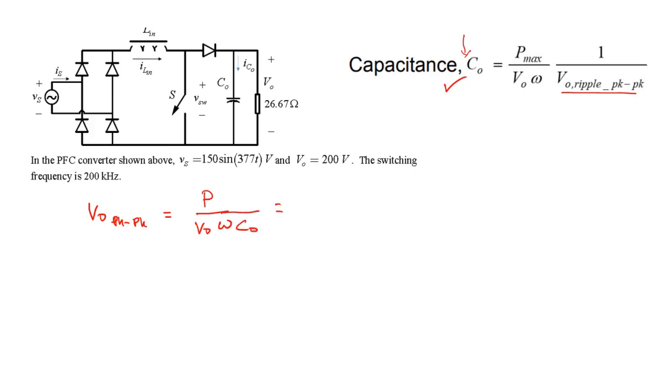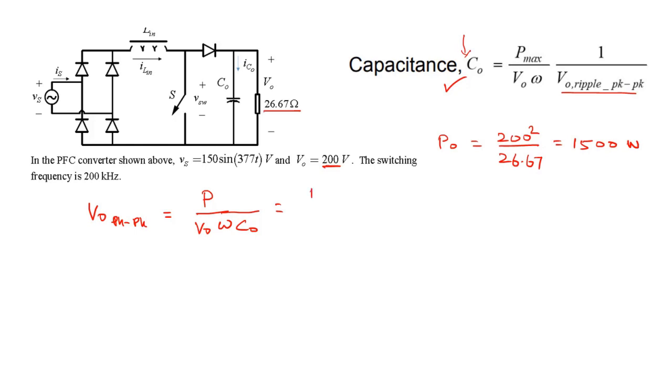Okay. So then the question is, what is the output power? Output voltage is 200 volts. The output load resistance is 26.67 ohms. So PO is V squared over R, 200 squared over 26.67 ohms. Okay, so that power comes out to be 1500 watts. In fact, I chose this odd value of output resistance to get this 1500 watts power.